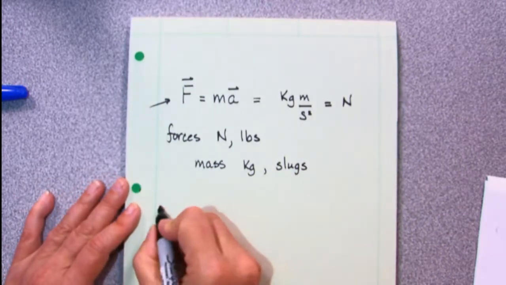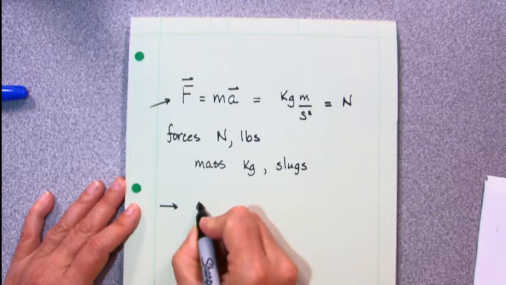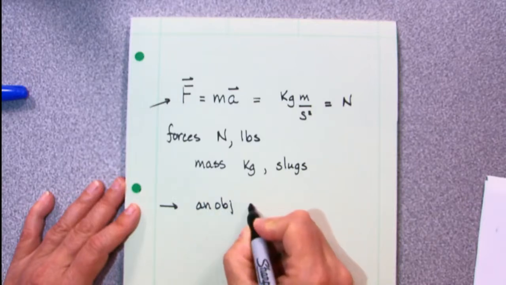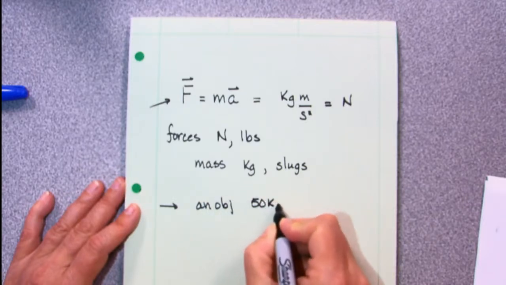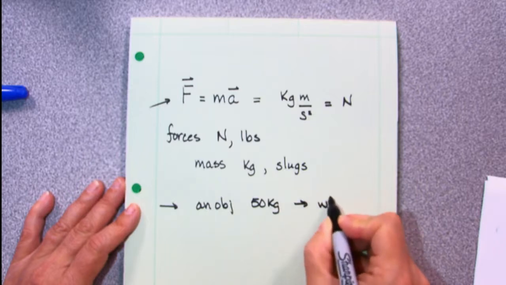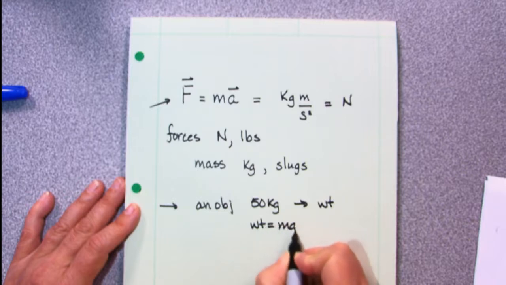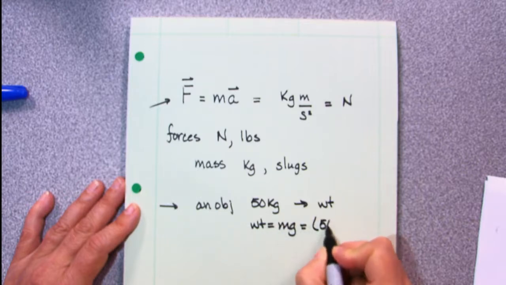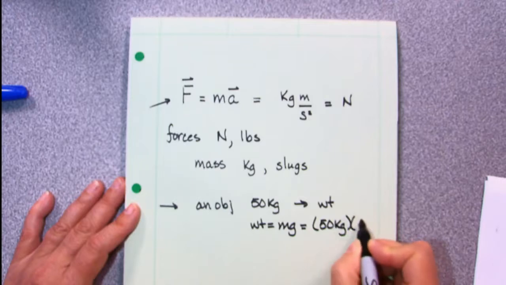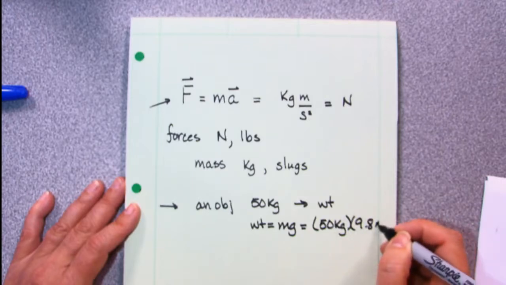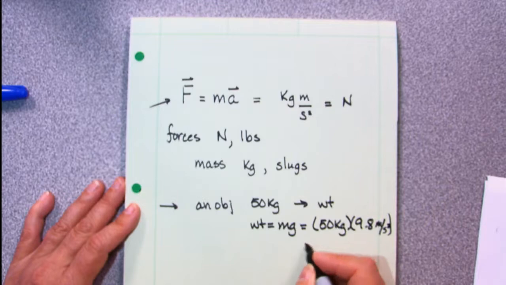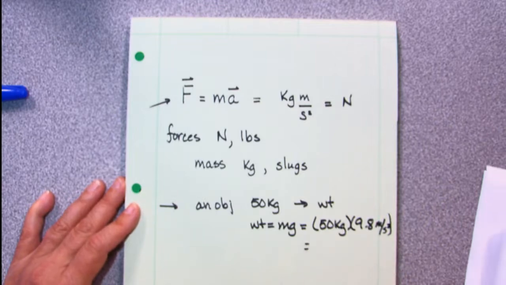And if the problem gives you an object that has 50 kilograms and I need to get it into a weight, my weight is going to equal mass times gravity, which is going to be my 50 kilograms times my 9.8 meters per second squared, and that should give me like 490 newtons.